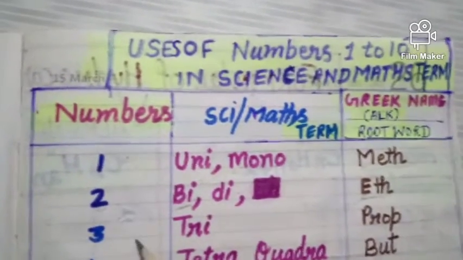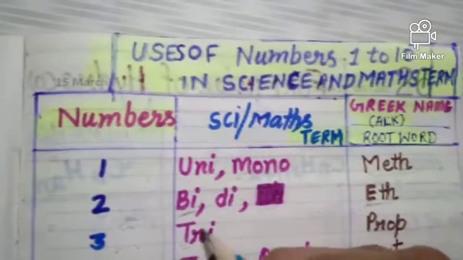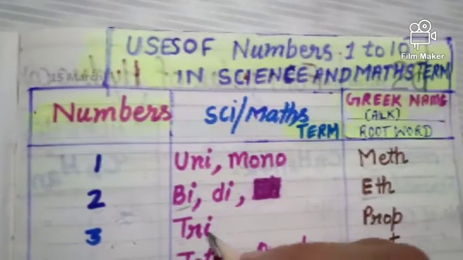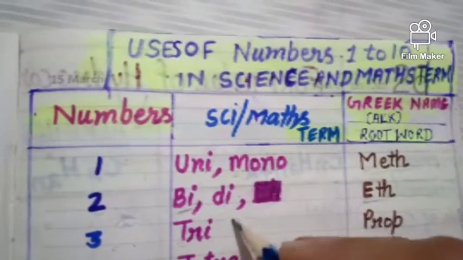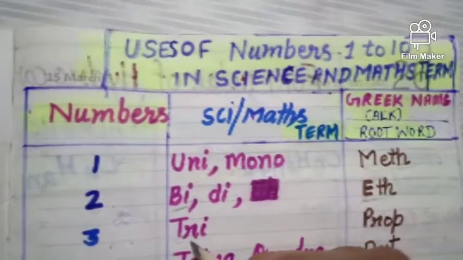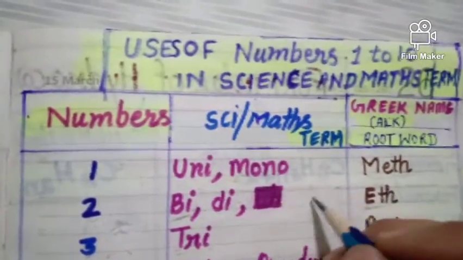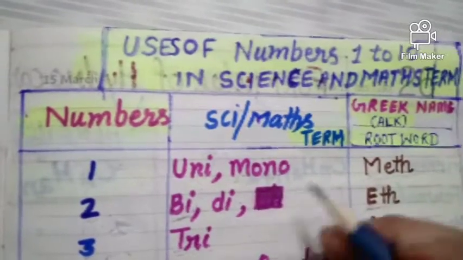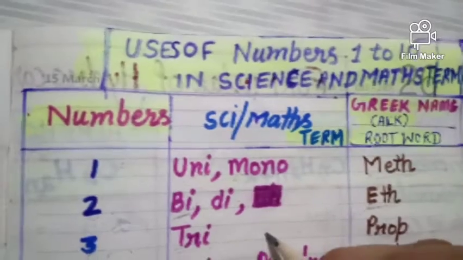Now the next number is 3. 3 means tri. For example, triangle. A triangle is a closed figure, a polygon which is made up of 3 line segments and having 3 angles. So tri is used for 3 in some terms in science and maths. And trinomial expression. A trinomial expression means an expression having 3 terms.